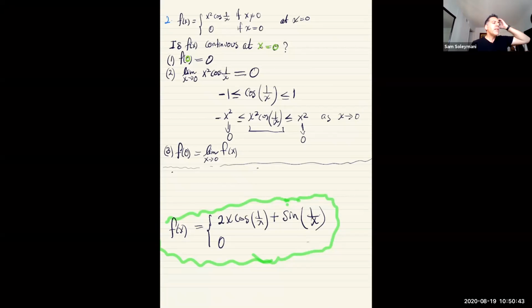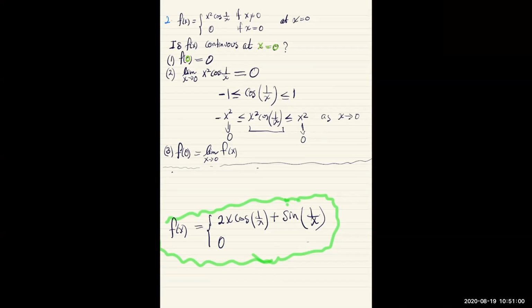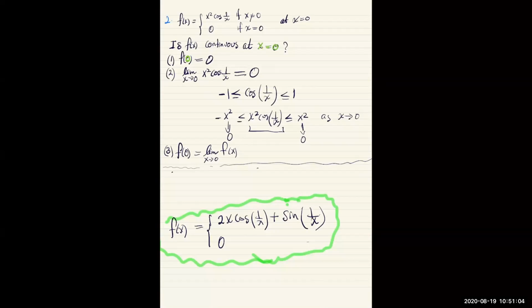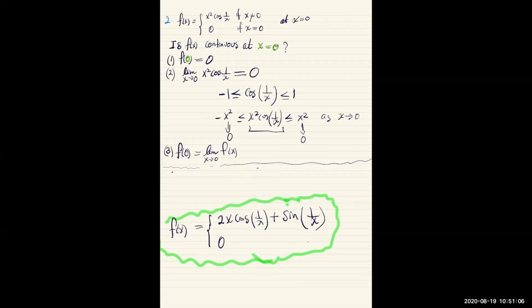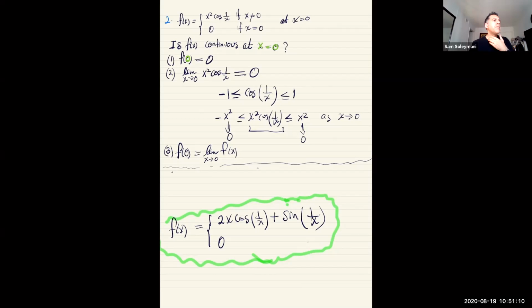So let me look at the next problem or problems before we run out of time. Let me see what is a good problem to do here. Yeah, these problems are not bad at all.